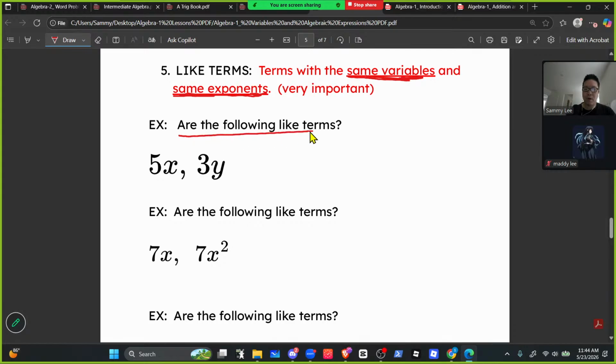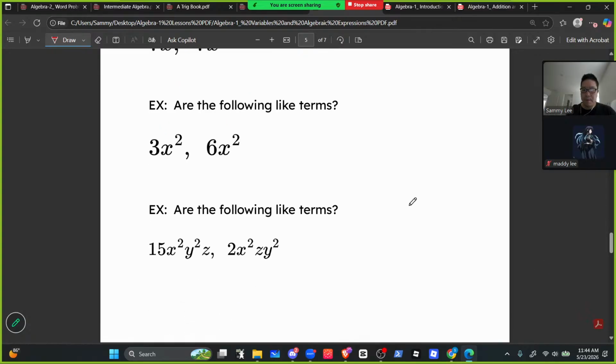So example 1, are these like terms, 5x and 3y? No. Yeah, they're not like terms. Here we have an x and here we have a y. So no is the answer. What about this one? 3x squared and 6x squared.